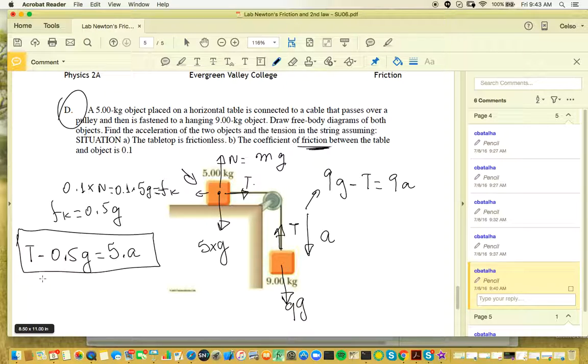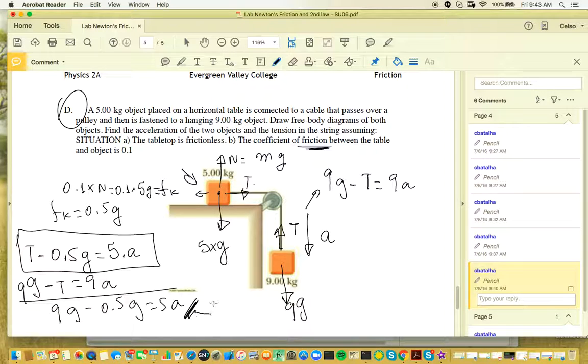And then what you do next is combine those two equations and solve by substitution. I think one easy way of doing this is to add those two equations. So 9g, T cancels out, minus 0.5g is equal to 5a, and then you can solve for a. Once you solve for a, you solve everything. Okay, good luck.